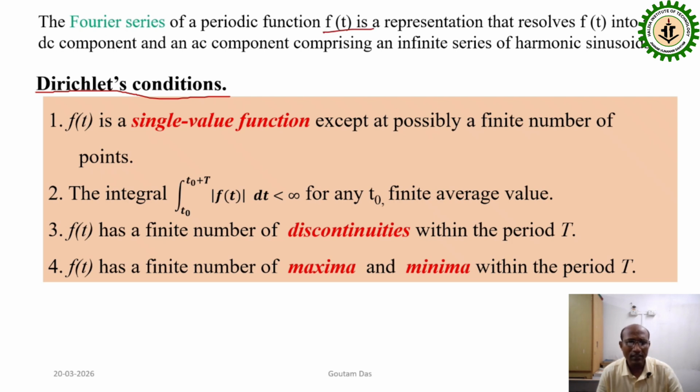The first condition is that the function f of t must be a single-valued function. If it is single-valued, then we can apply the Fourier series representation, having a finite number of values.